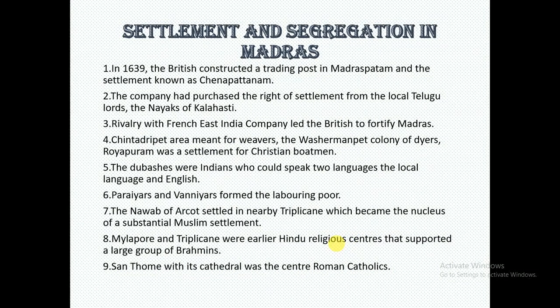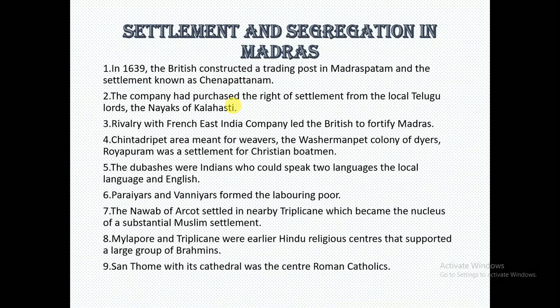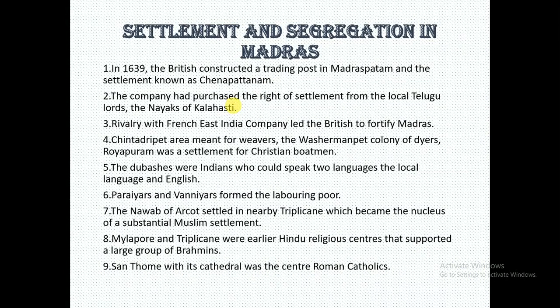In 1639, the British constructed a trading post in Madrasapatnam, and the settlement was known as Chennapatnam. So the initial name of Madras was Chennapatnam, and the company purchased the right from the local Telugu lords and the Nayaks of Kalahasti, and rivalry from the French East India Company led the British to fortify Madras.